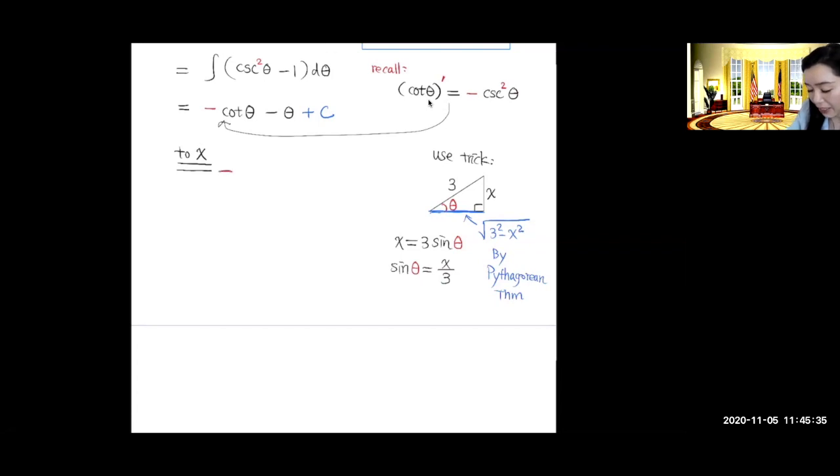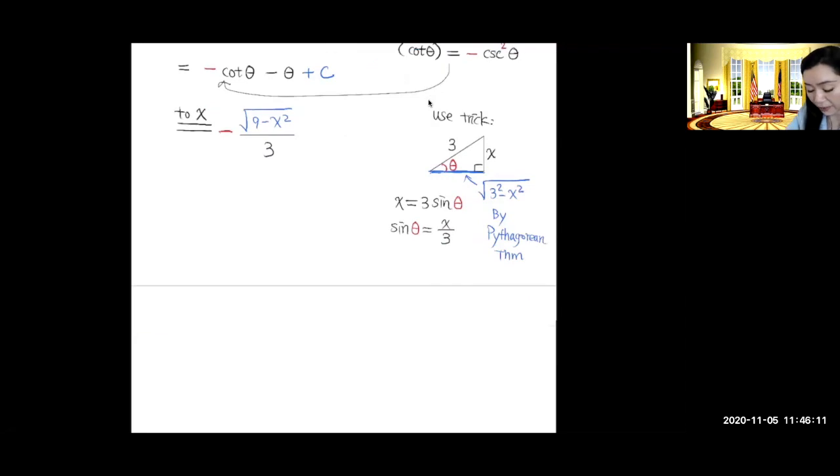The adjacent side for the theta over here is this one, the square root of 9 minus x squared, and the hypotenuse over here will be 3.